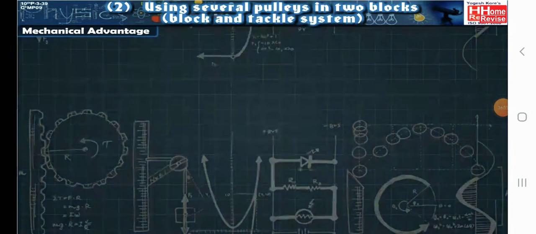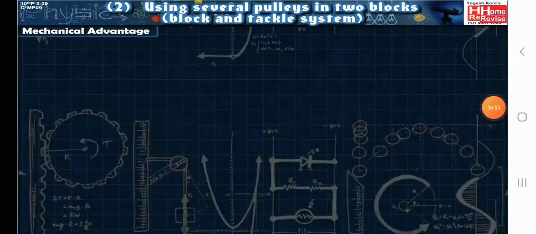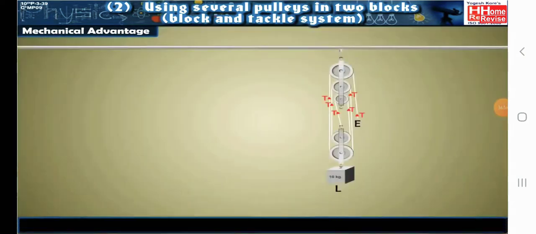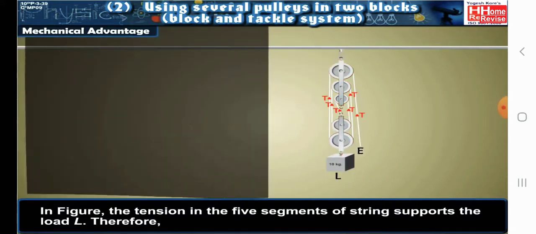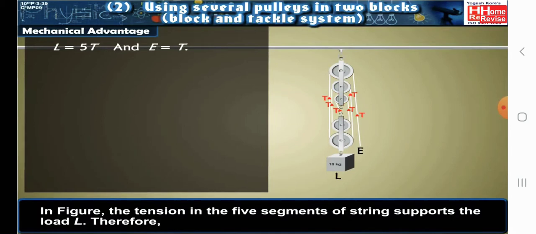Mechanical advantage. In the figure, the tension in the 5 segments of string supports the load L. Therefore, L is equal to 5T and E is equal to T. Therefore, E is equal to L by 5. And MA is equal to L upon E, which is equal to 5T upon T, which is equal to 5.